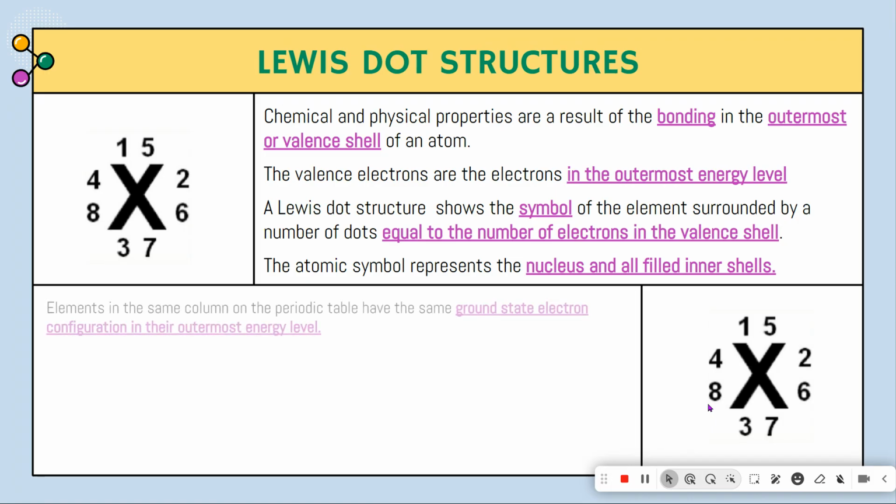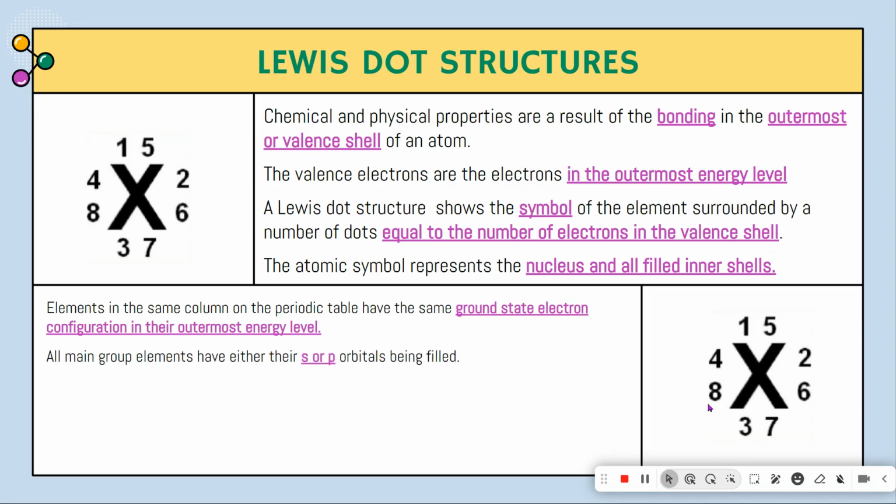Now, an important thing: elements in the same group, in the same column on a periodic table, have the same ground state electron configuration in their valence shell. Okay, all main group elements.